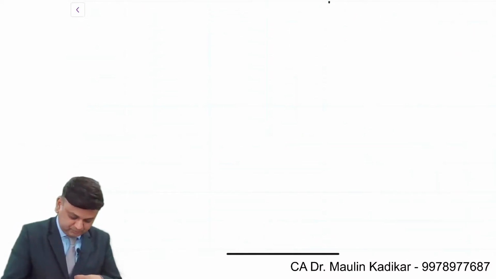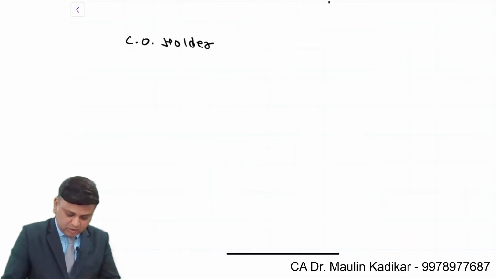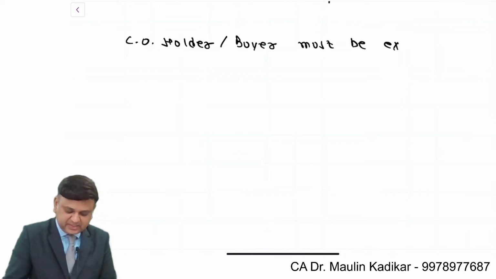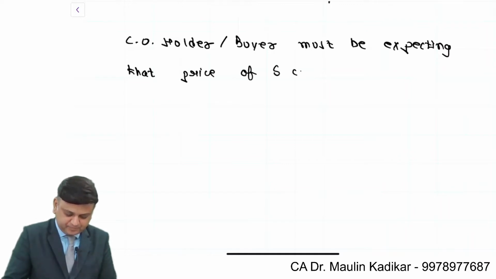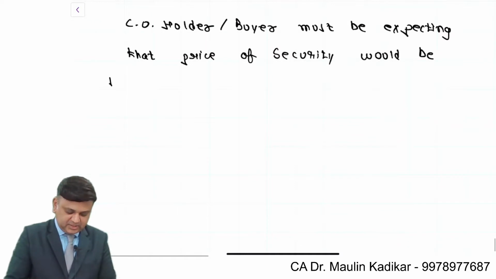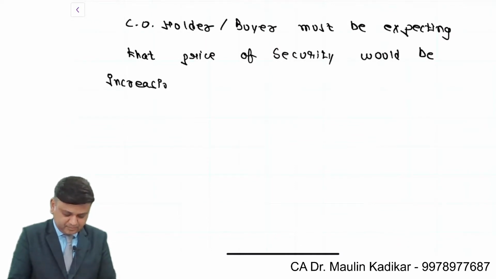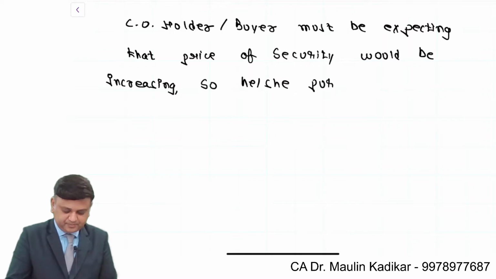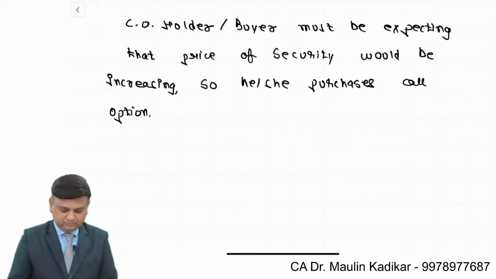Right, an answer: the call option holder or call option buyer must be expecting that the price of the security would be increasing, so he or she purchases the call option.